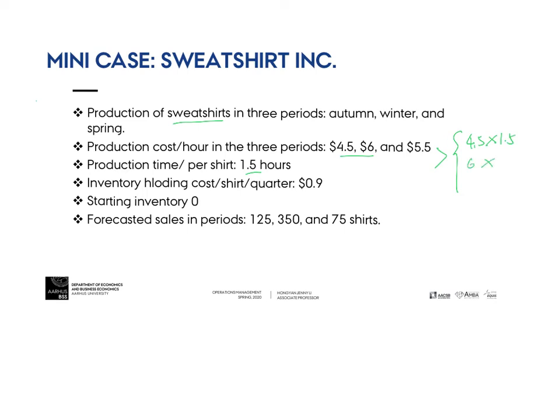So you get the production cost per unit, the production cost per shirt. And then we know the inventory costs, and the initial inventory, I0 equals 0, so no inventory on hand at the beginning of the season. The forecast sales in T1, T2, and T3 are also given.